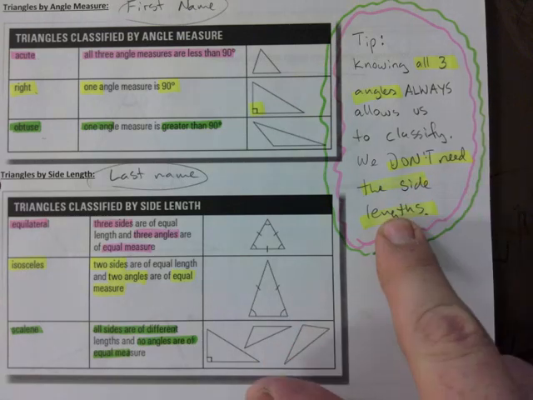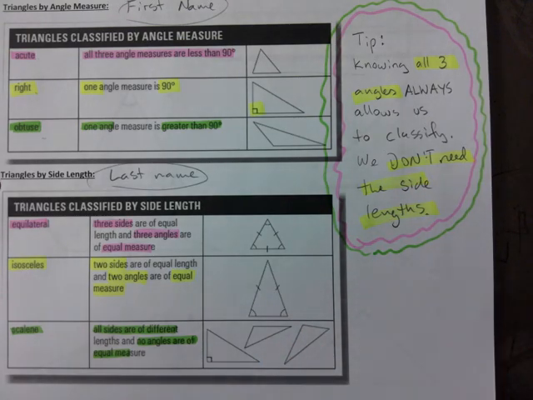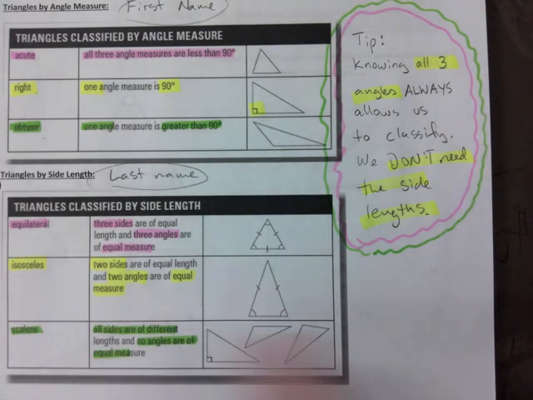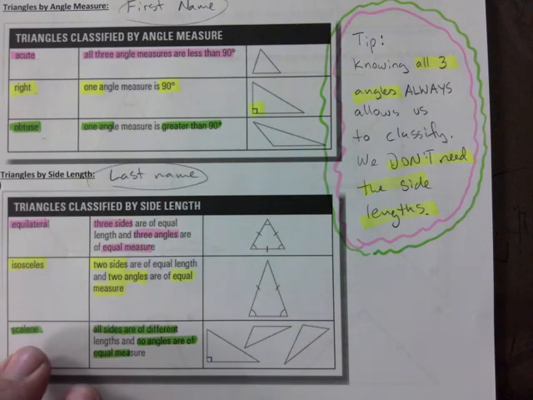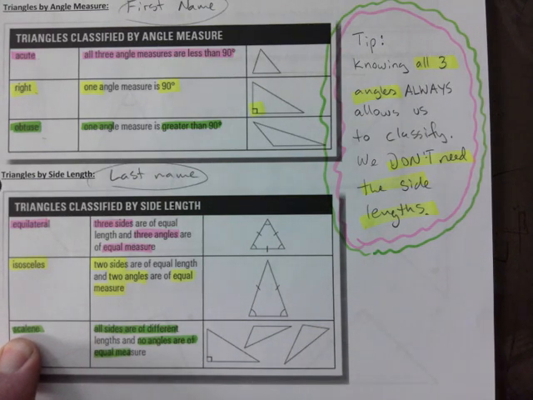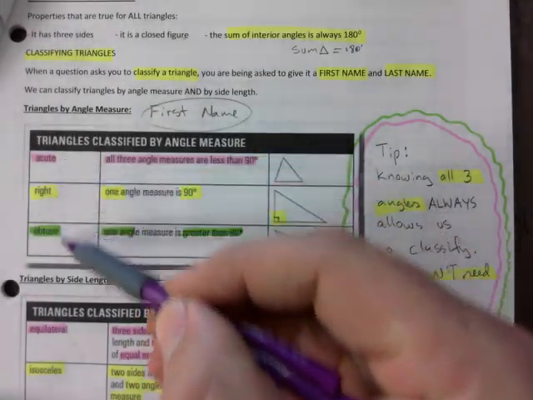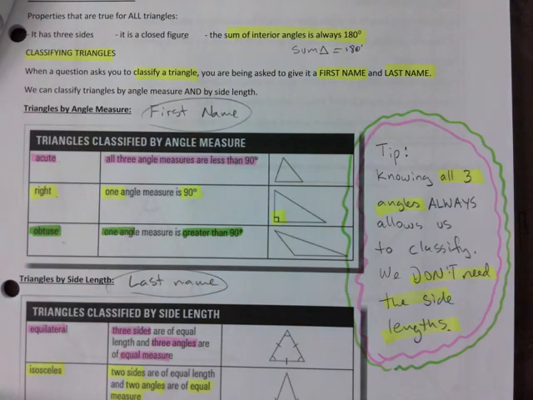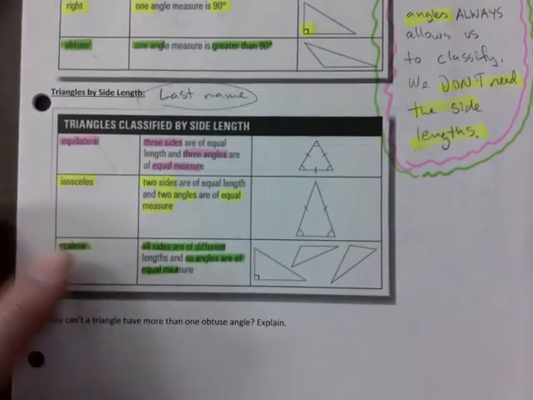We don't need the side lengths to keep going further. For example, if you have a triangle where all three angles are different, you know it's scalene. And because you're going to be able to see the angles, you'll immediately see which one of these three it fits into. Okay, so keep that in mind.